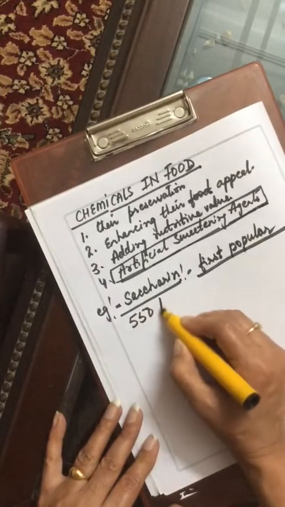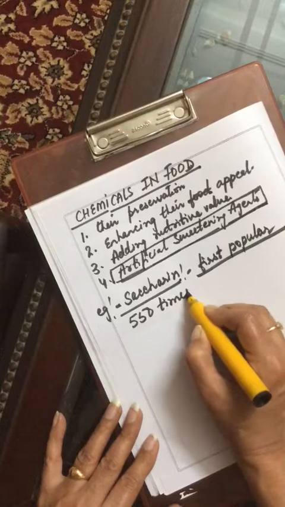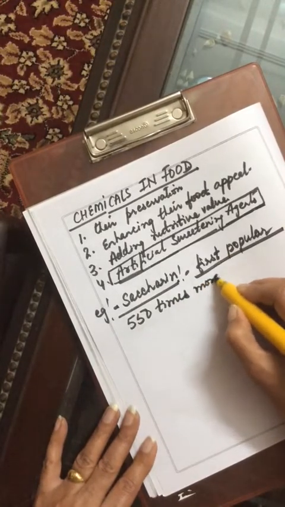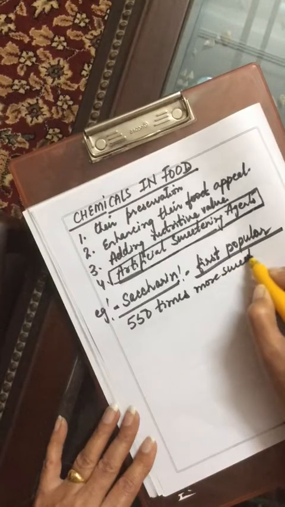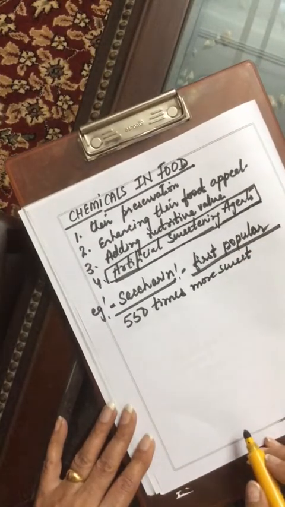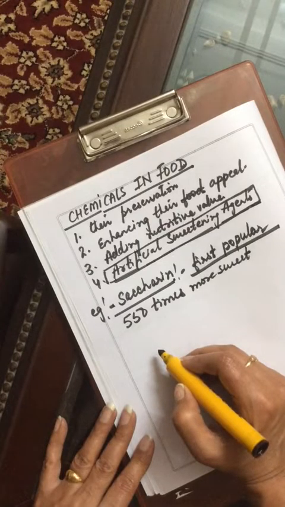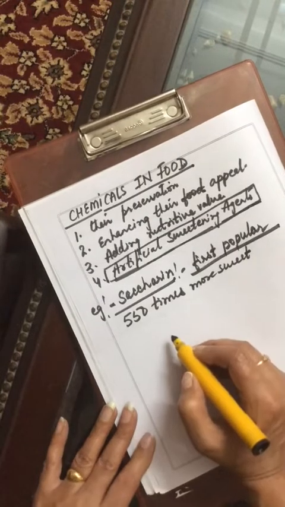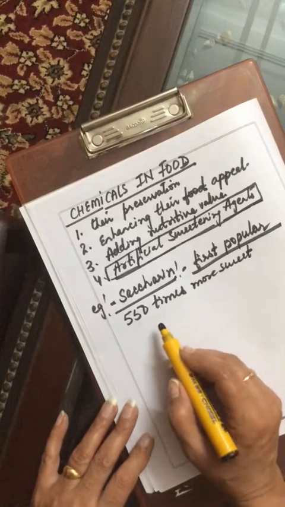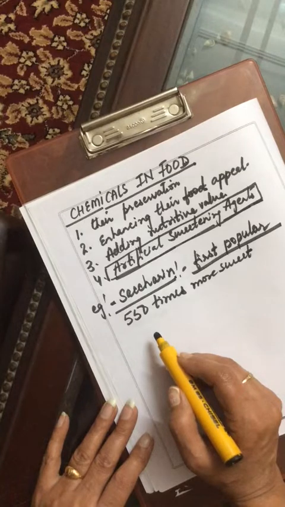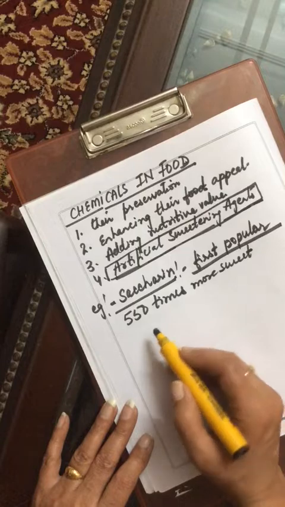It is 550 times more sweet as compared to cane sugar, and it is excreted from the body in urine unchanged. Its use is of great value for diabetic people and people who need to control their intake of calories.